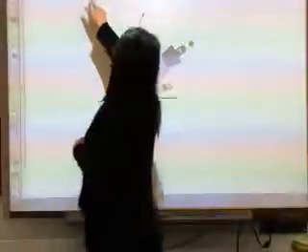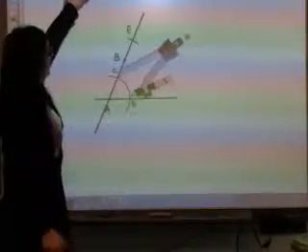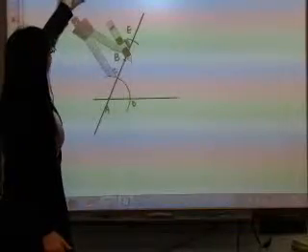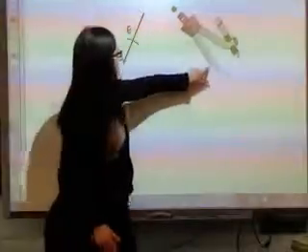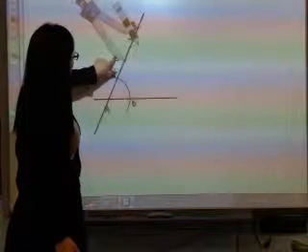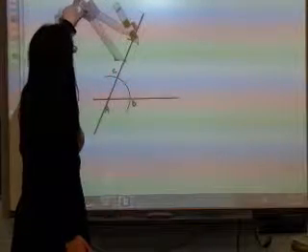I think I made my arc too small, so let's go back here. My arc going through B should be longer.